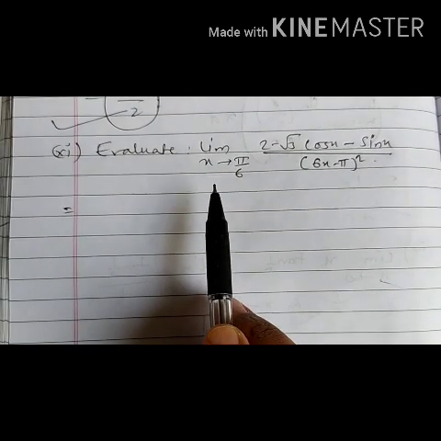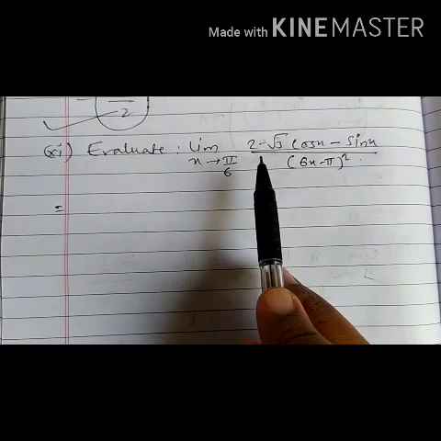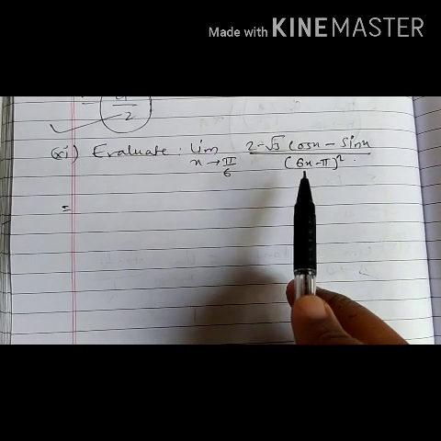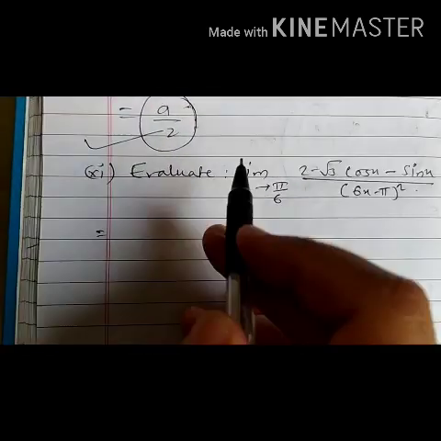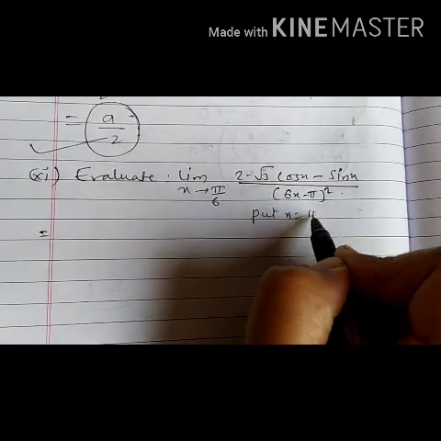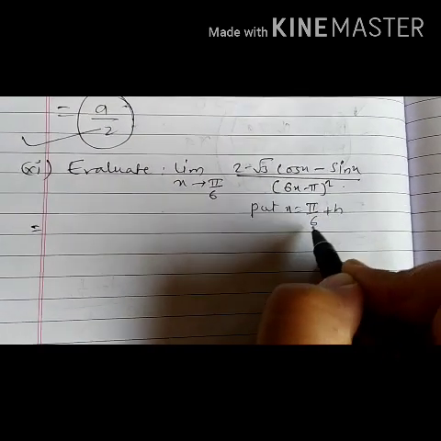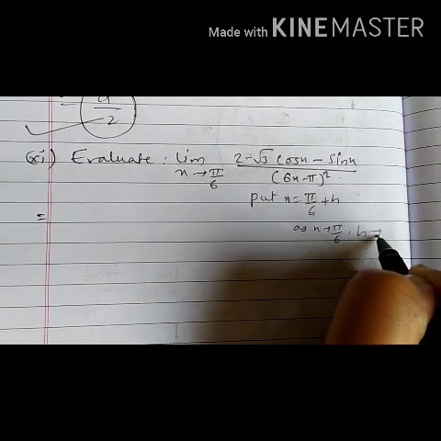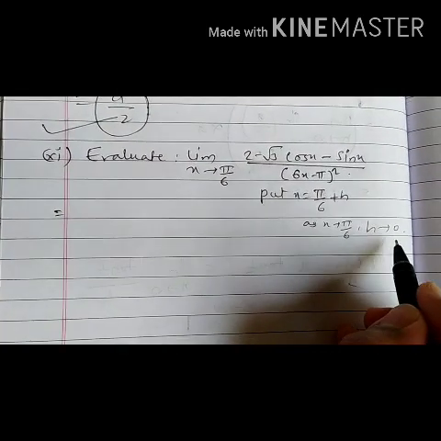Evaluate limit as x tends to pi by 6, (2 minus root 3 cos x minus sin x) upon (6x minus pi) whole square. Now here we'll put x equals pi by 6 plus h. As x tends to pi by 6, h will tend to 0.